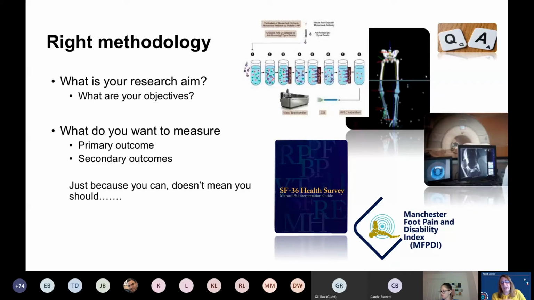I'd like to change how clinicians diagnose diabetic foot infections. And that might be your long-term aim, but what is the research question? What's been done in the past?